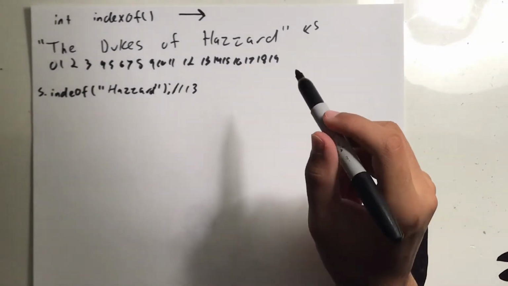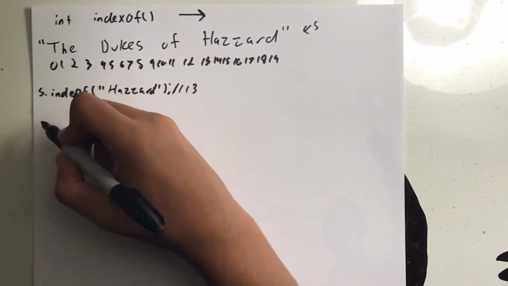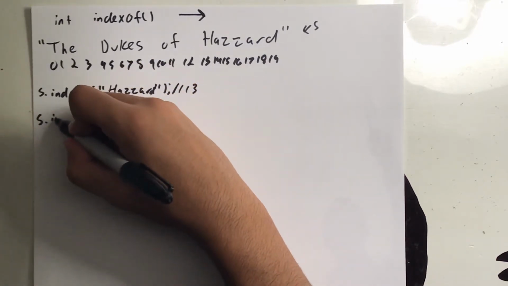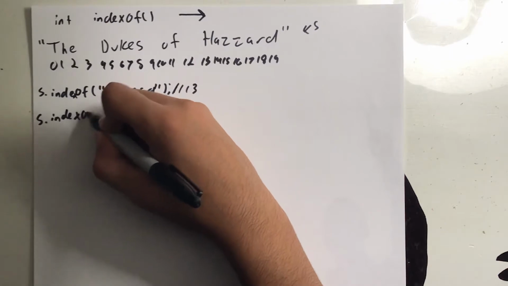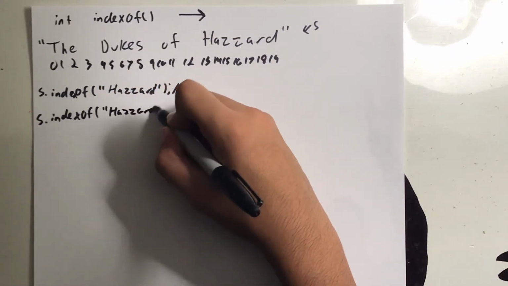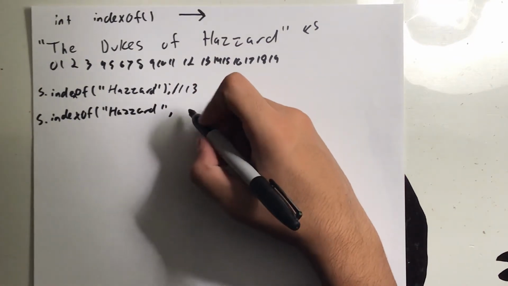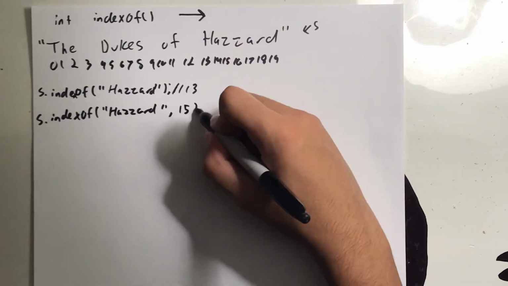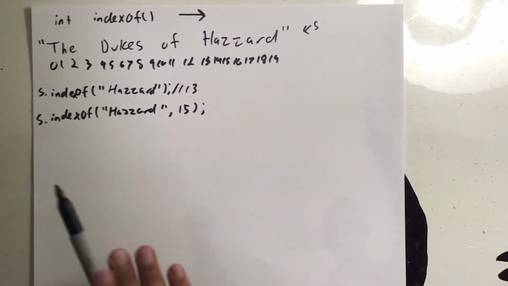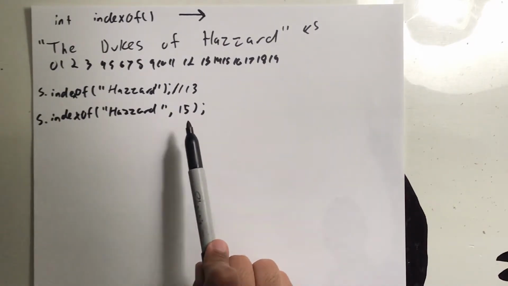Next, index of method if we had a string. So let's say we had hazard, but the next one is a number. What this number means is we're going to look for hazard starting at this index, which is 15.